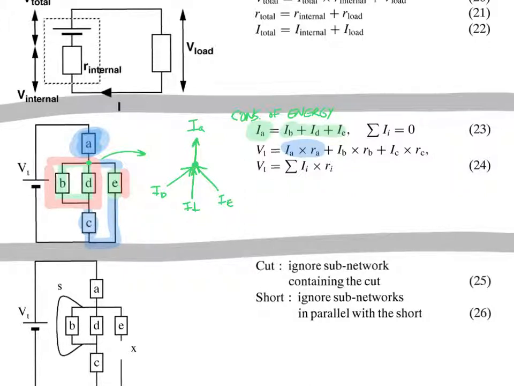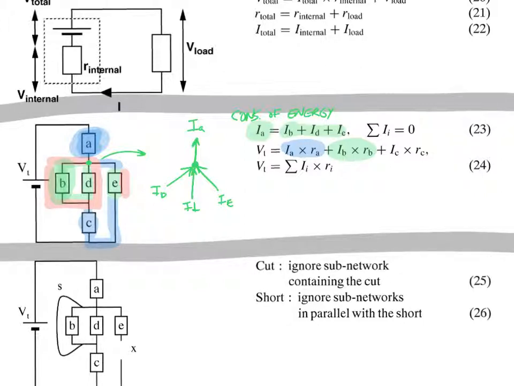Now this next part: why do I get to ignore D and E in the total voltage calculation? Well, D and B have the same voltage, okay? And presumably E as well, even though it's not part of the parallel branch of BD.